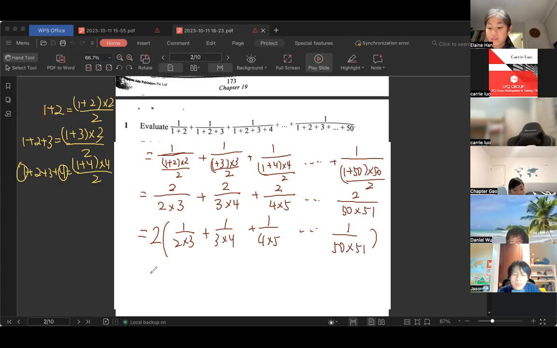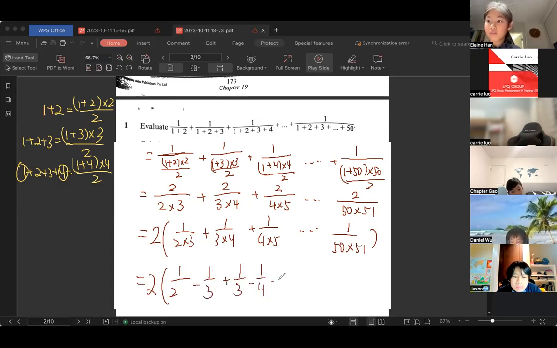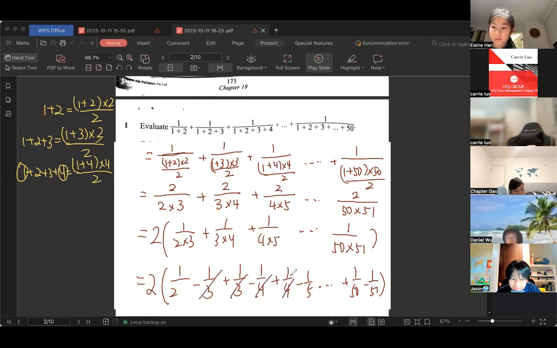Do you get it, this one? And this one equals 2 times 1 over 2 minus 1 over 3 plus 1 over 3 minus 1 over 4 plus 1 over 4 minus 1 over 5 and so on plus 1 over 50 minus 1 over 51. Got it? So these ones are done.